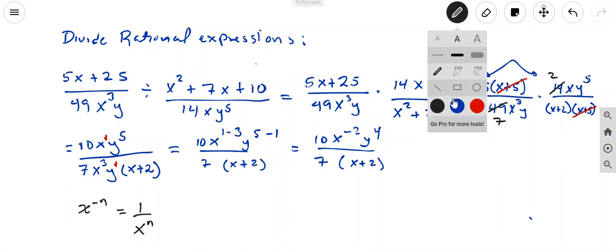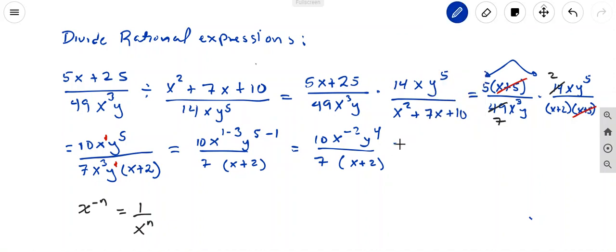So that means that now I can do this. Let's say this is 10, x to the negative 2 goes down, sorry. So below I have the 7, and the x to the negative 2 goes down as x squared, positive.